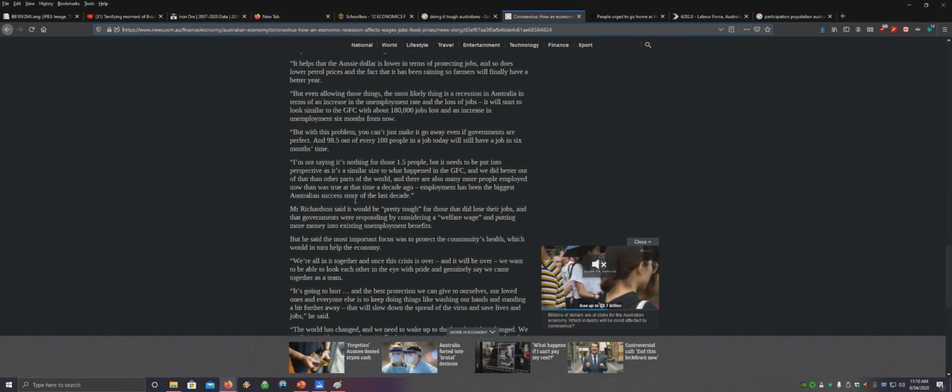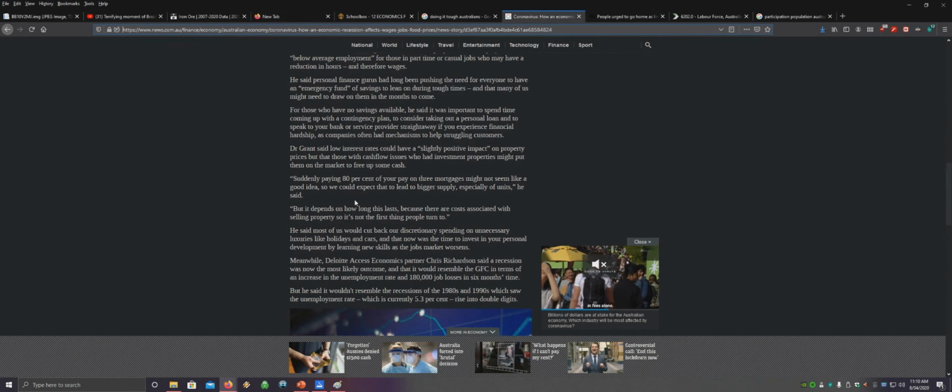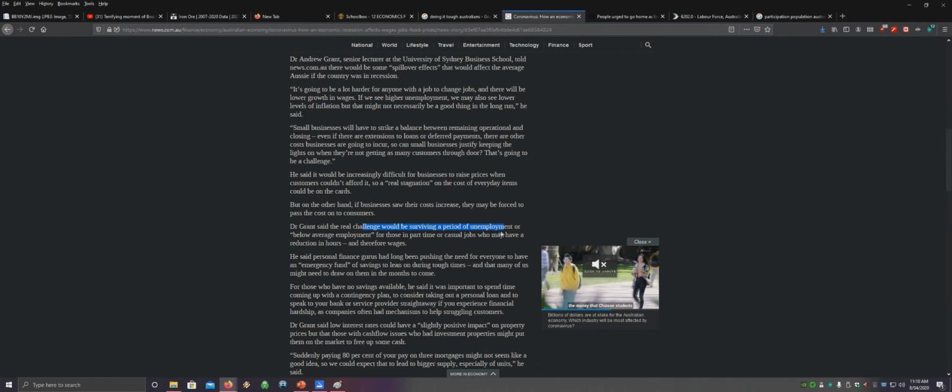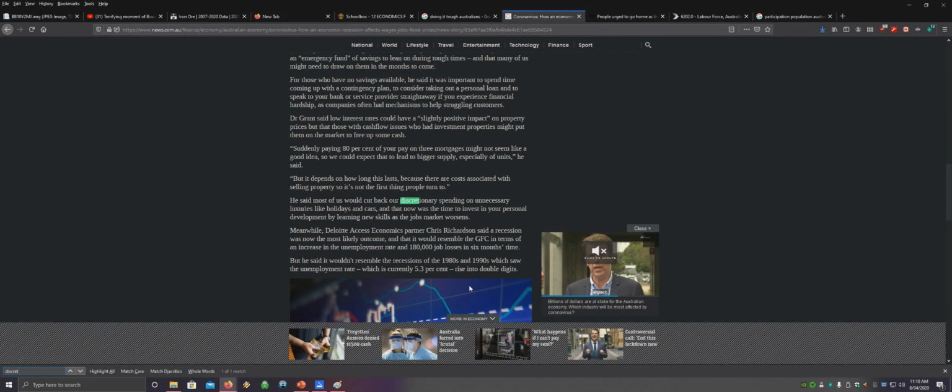This article points out that the real challenge of this period is for part-time and casual workers who may have reduced hours and therefore wages. So how are they going to spend that money? He said most will cut back on discretionary spending on unnecessary luxuries like holidays and cars, and that now was the time to invest in your personal development by learning new skills as the job market worsens.